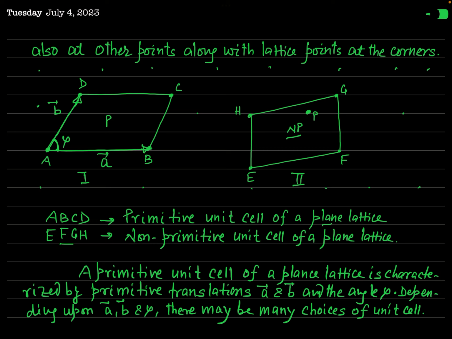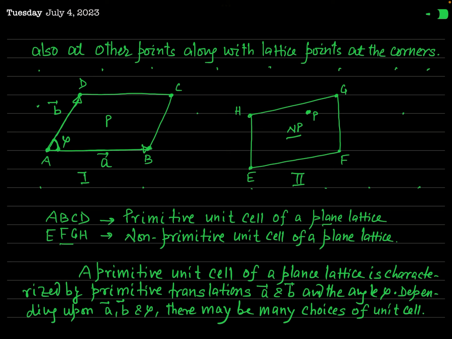So in a nutshell, you can say that in case of a plane lattice, it is convenient to take the unit cell in the form of a parallelogram, and this parallelogram is characterized by three quantities, in which two quantities are A and B, which are the primitive translation vectors, and one is the angle phi, which is the angle between A and B. Taking A, B and phi in different ways or different values, we will have more than one unit cell for a plane lattice. Okay.